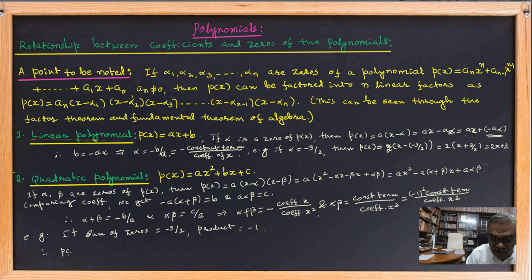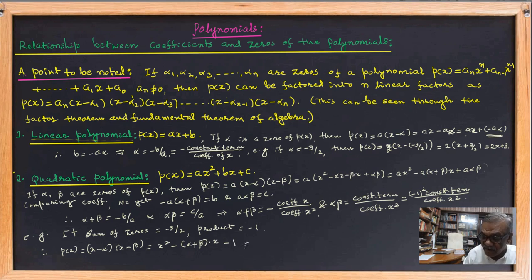Therefore we can write p(x) if alpha and beta are the roots, as (x minus alpha) into (x minus beta), which is equal to x square minus (alpha plus beta) into x minus 1.